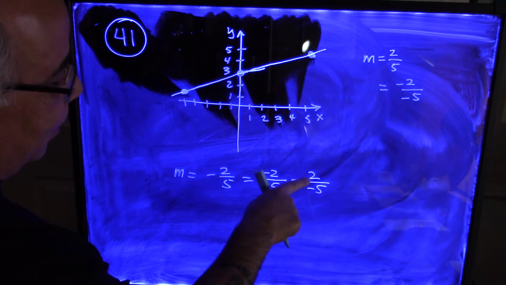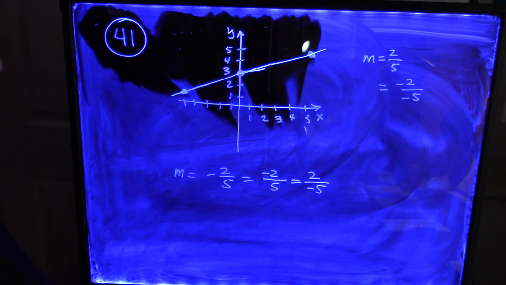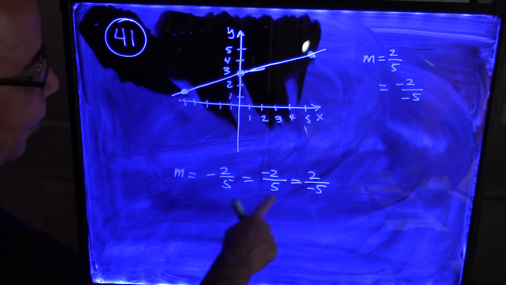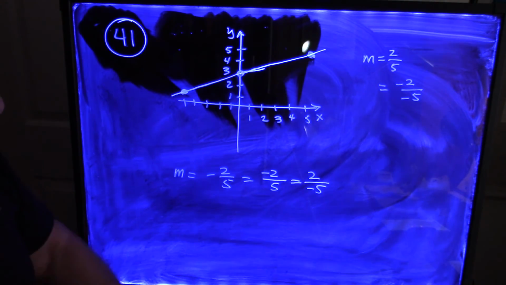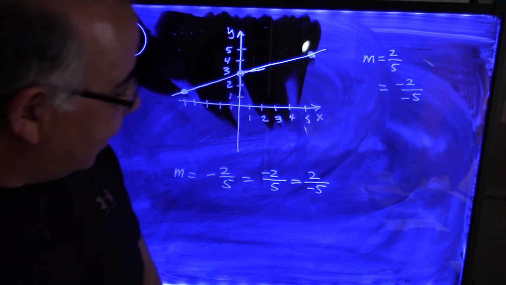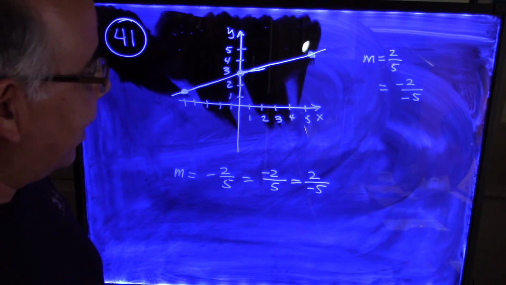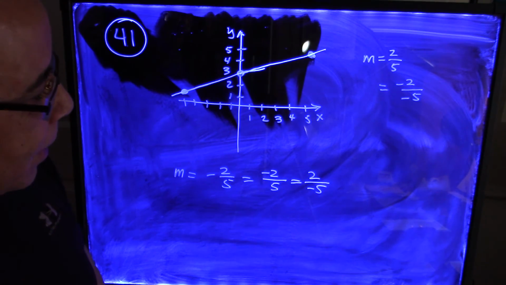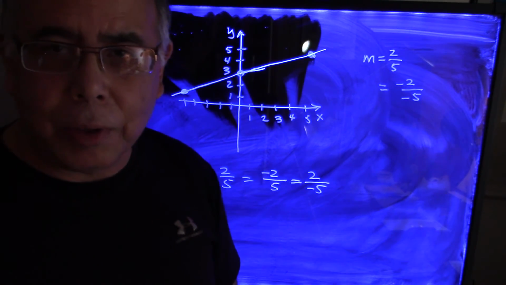Or you could use this one. Rise of positive 2 means you go up 2, and then you go to the left 5 units for your run. So you can use either one of these depending on how much room you have on your graph paper. Again, they're all equal, so it's not doing any damage. That's a nice little trick you can use when you do these by hand.